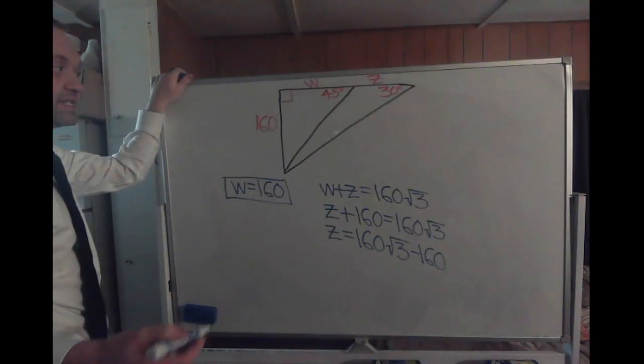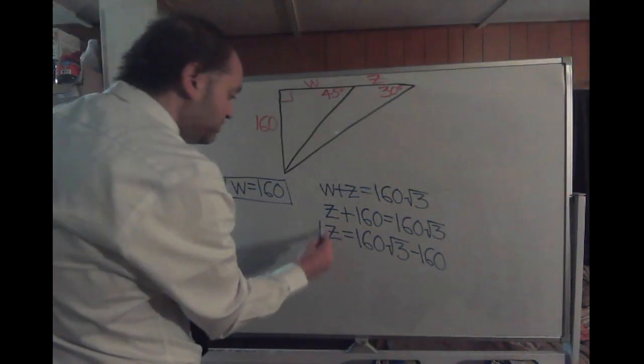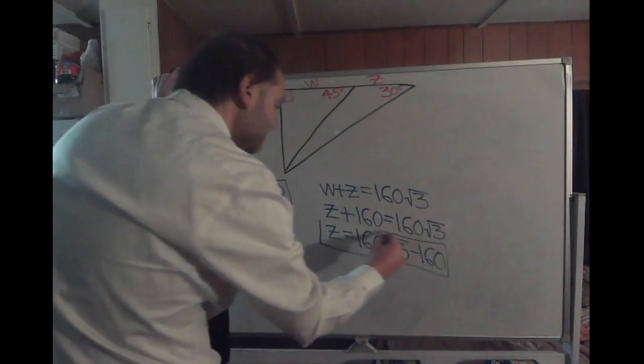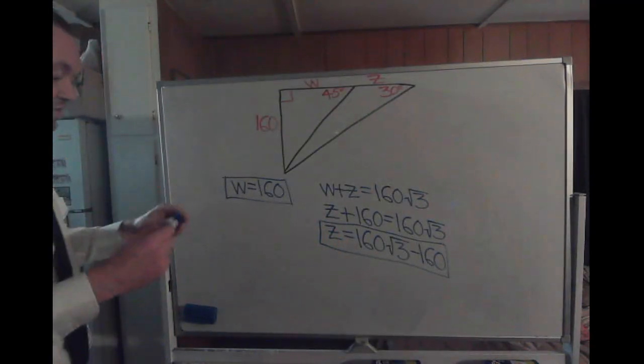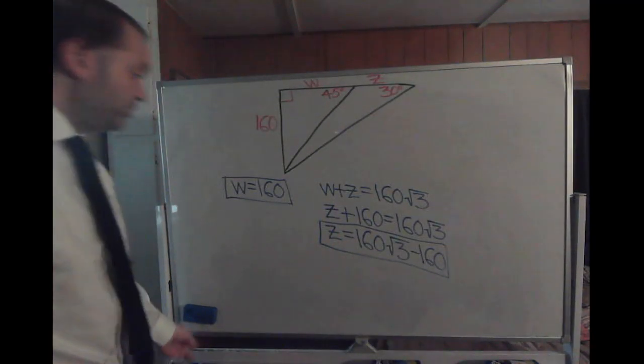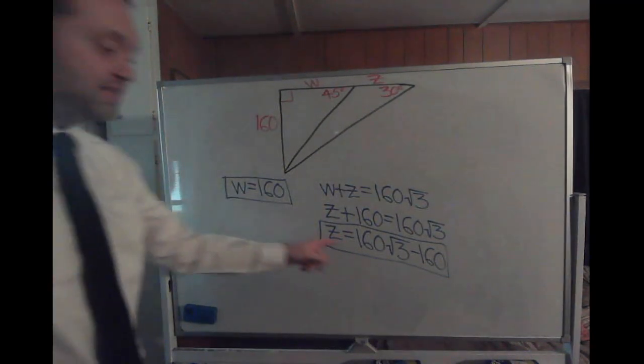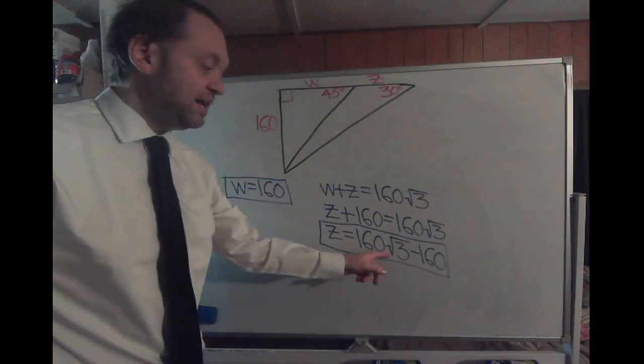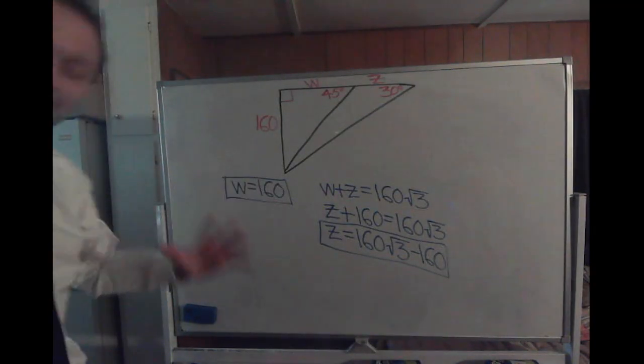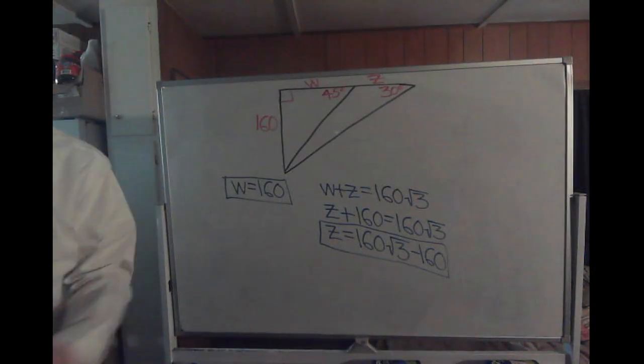You could get a decimal approximation if you wanted to, or in this case, you could just leave your answer like that. So W comes out to be 160. Z has a length of 160 times the square root of 3 minus 160.